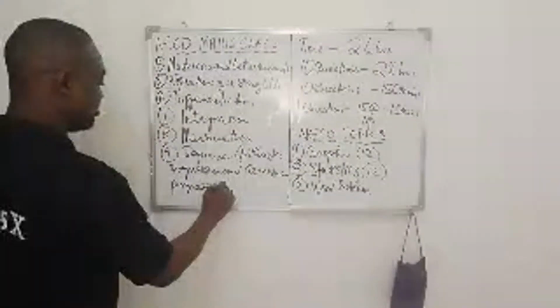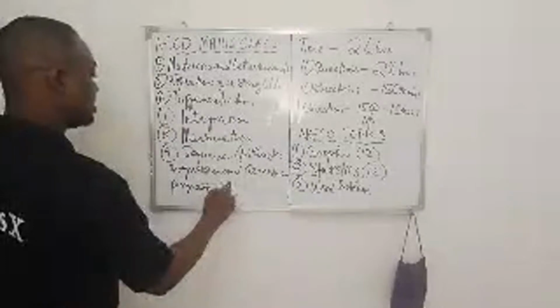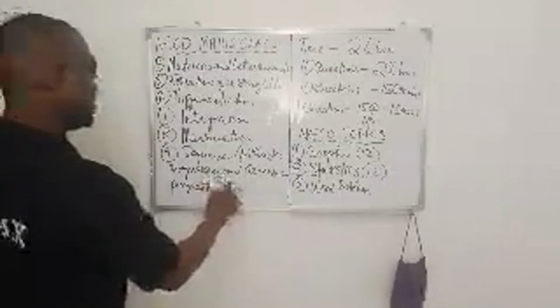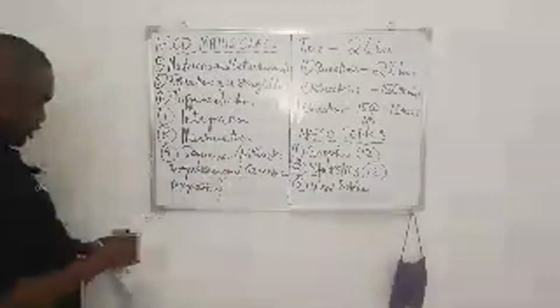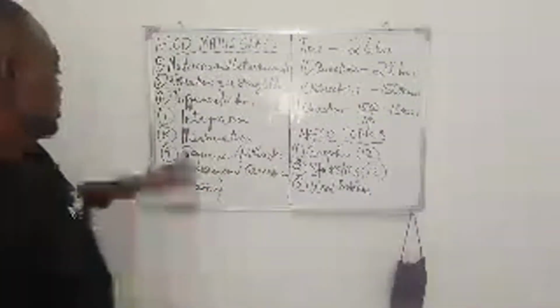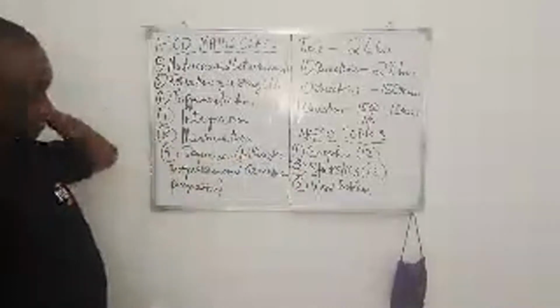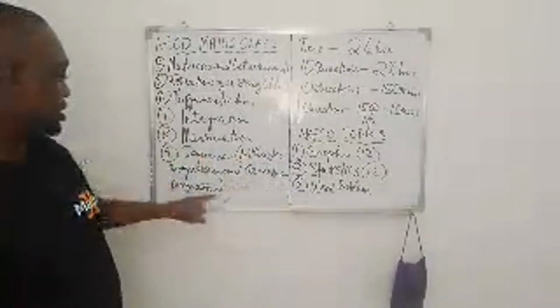They call it AP and GP. So sequences, that's your arithmetic progression and your geometric progression.